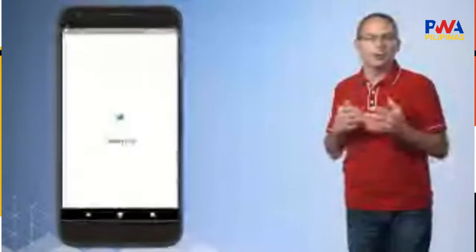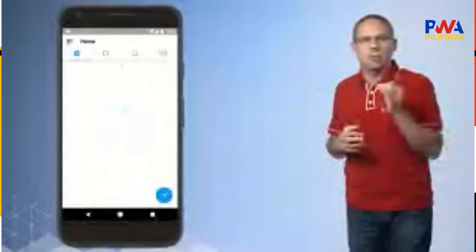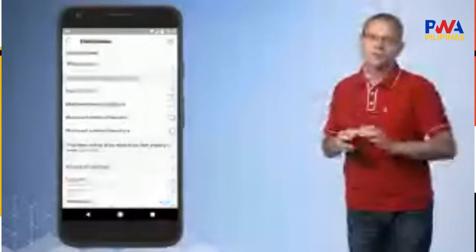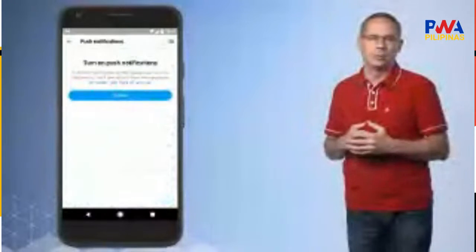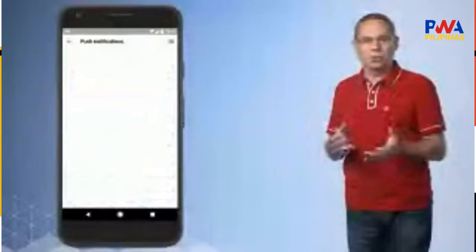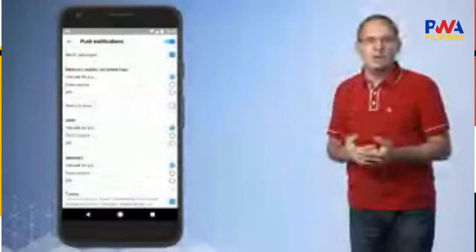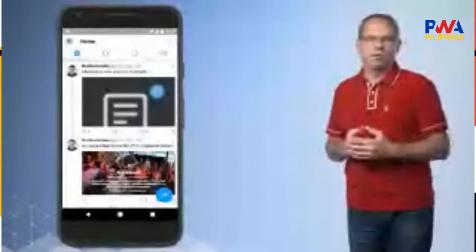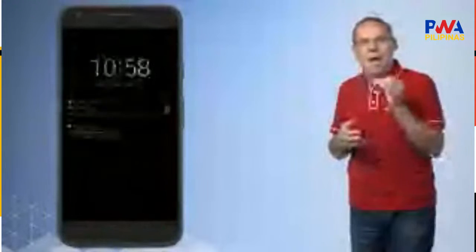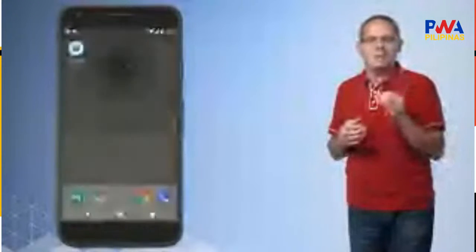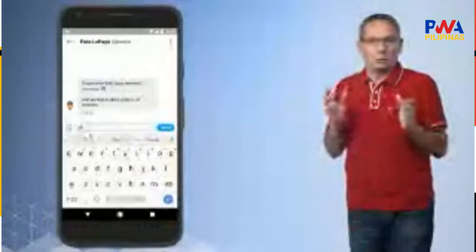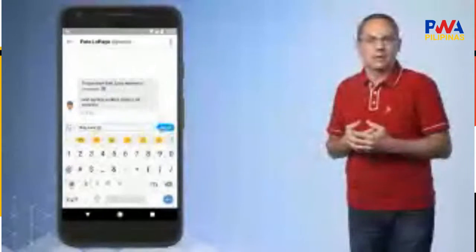Twitter implemented web push notifications that work the same as those from their native app and arrive even if the user's browser is closed. Users are prompted to enable notifications or can go into the settings and enable notifications there. Notifications appear on the locked home screen, and when I click on the notification, I'm taken directly to the relevant place, making it easy for me to reply, like, or retweet something.